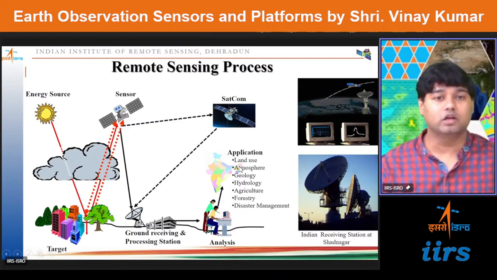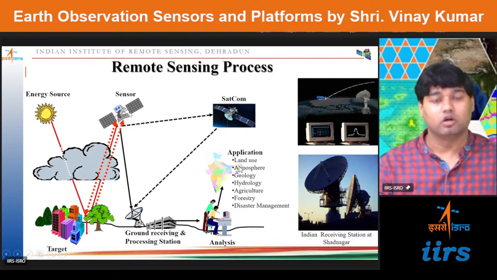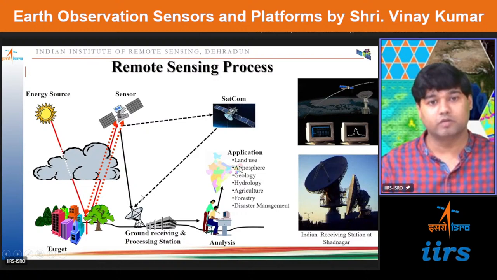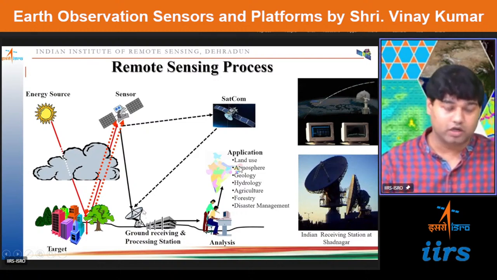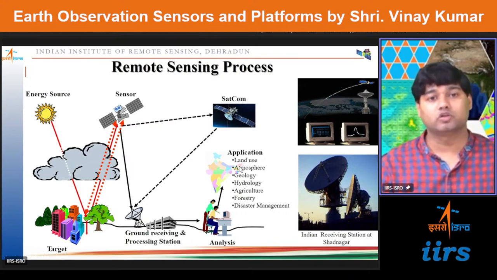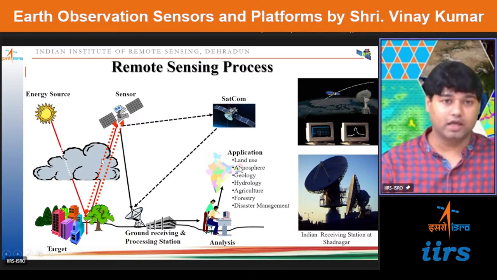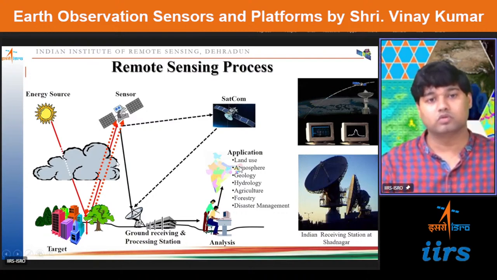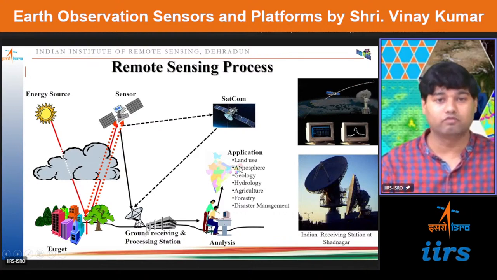When the ground receiving antenna is in range of the satellite, the satellite transmits the data to the ground receiving antenna. While converting the electronic signal we form a two-dimensional image. The errors introduced during the acquisition process need to be fixed, and then it has to be given to the user.